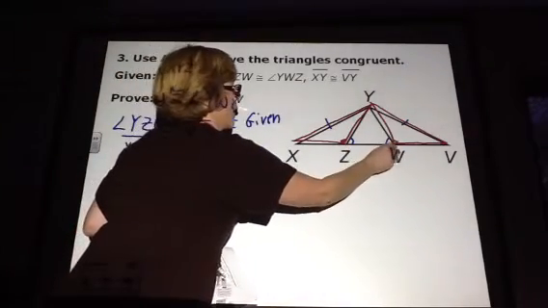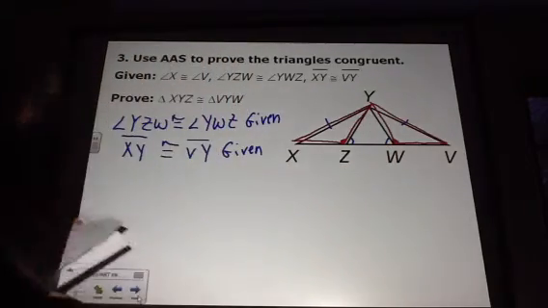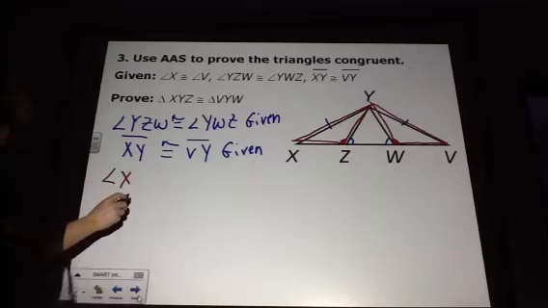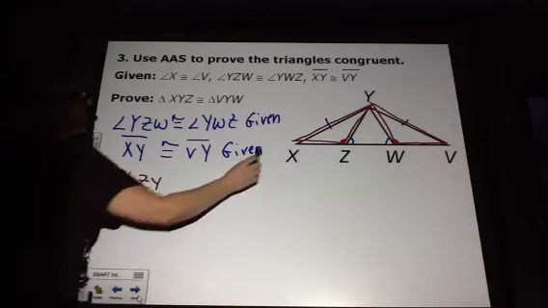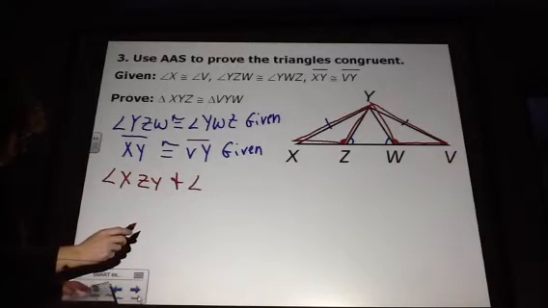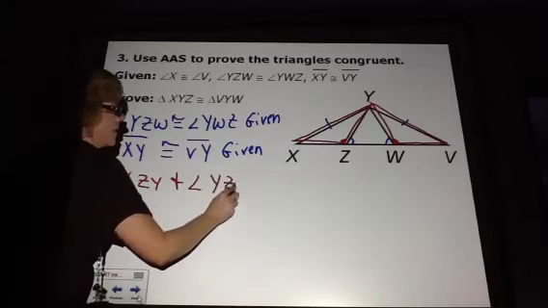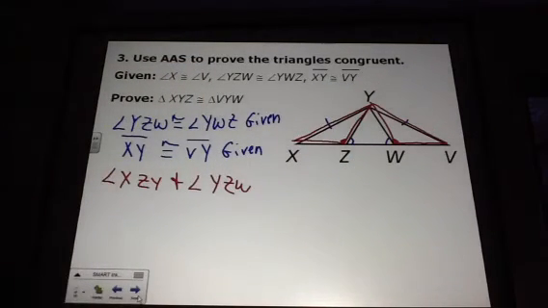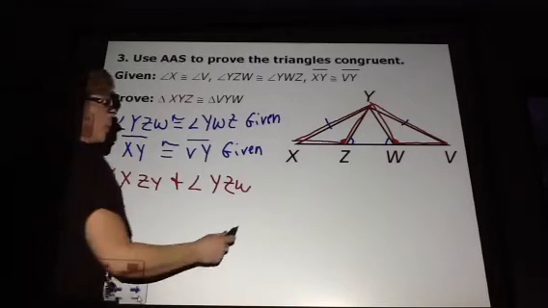This one and this one. Angle XZY and angle YZW are what type of angles? They're a linear pair, right?